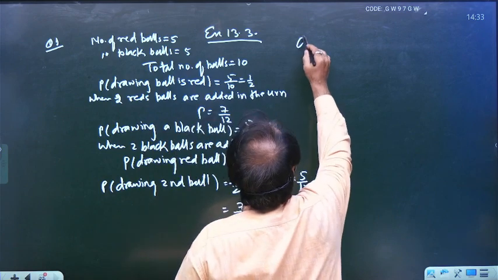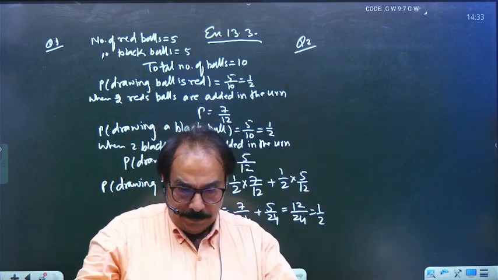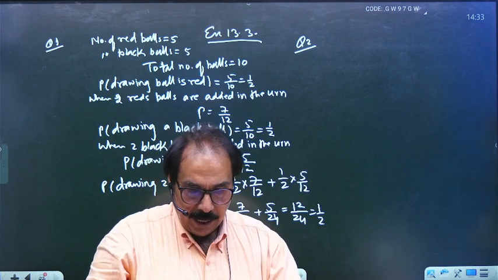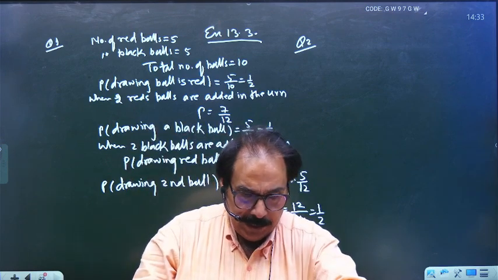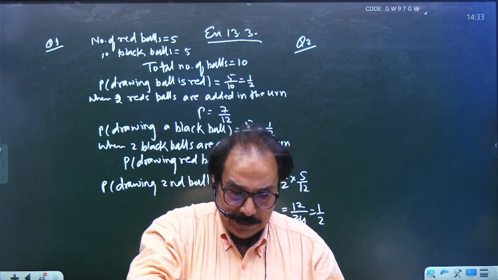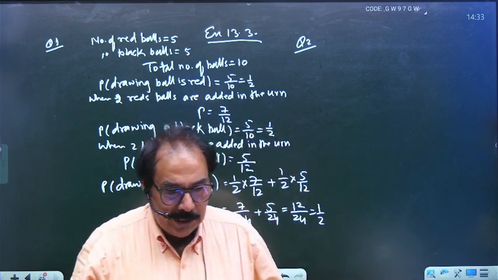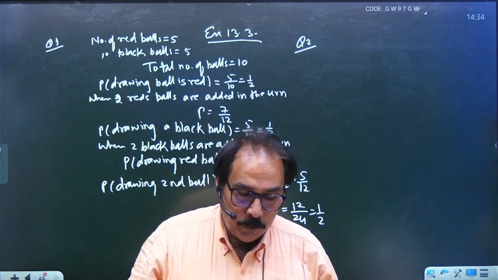Okay, and now question 2. Question number 2: a bag contains 4 red and 4 black balls. Another bag contains 2 red and 6 black balls. So now we are having 2 bags.